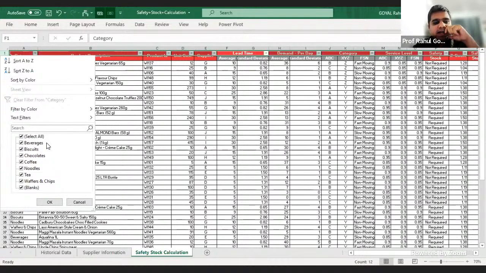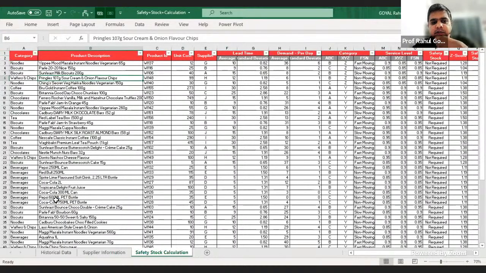Right, so we have these categories of products: beverages, biscuit, chocolate, coffee, noodles, tea, wafers, and chips, right? So we have product description, product IDs, unit cost for the product, suppliers mentioned, and then we have lead time, right?